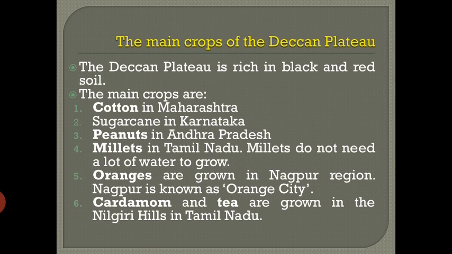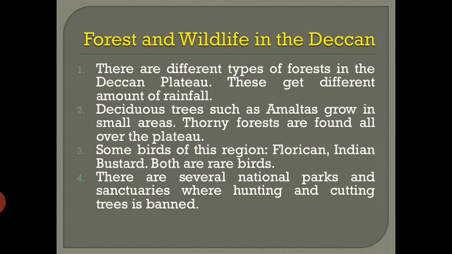So next is forest and wildlife in the Deccan Plateau. There are different types of forest in the Deccan Plateau. These get different amounts of rainfall. Deciduous trees such as amaltas grow in small areas. Thorny forests are found all over the plateau.